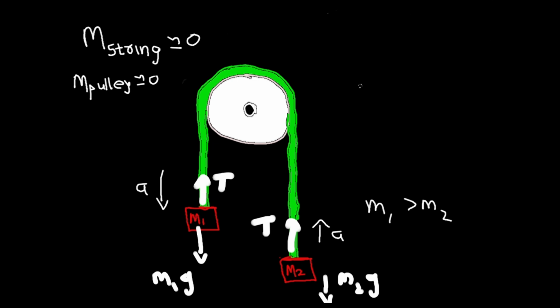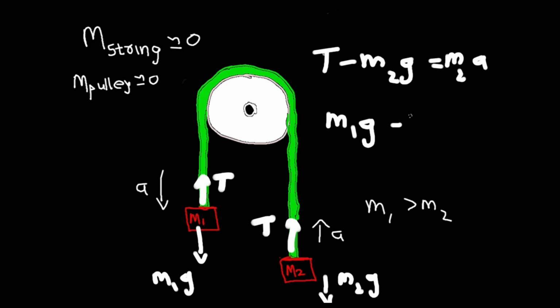First, by the equation of M2, as M2 is going upward, T minus M2g will be equal to M2a, and M1g minus T is equal to M1a. These equations we get when considering the M1 object. By solving these two equations, we can get the values of T and a. And if we know the value of T, then we can find how much force a man needs to exert to hold the pulley in that position.